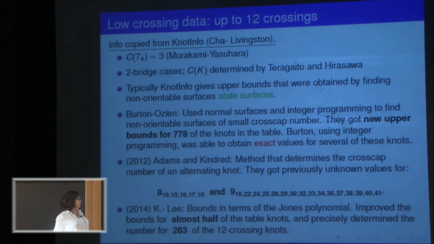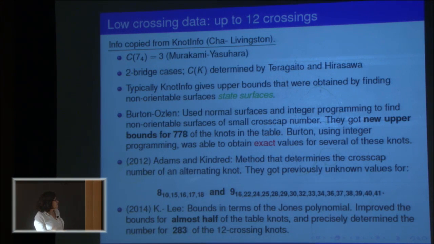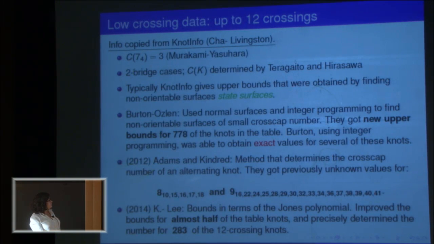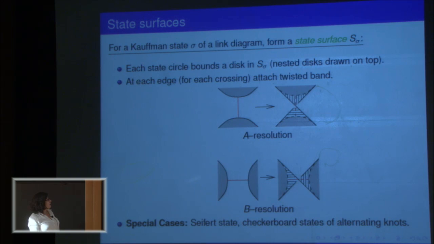They were also able to fill in all the alternating ones that were missing up to 9 crossings. And then Christine Lee and I used our bounds to also improve many of these lower bounds previously known, and when we could, we got the answer.